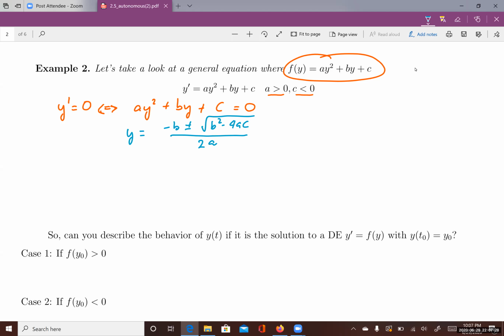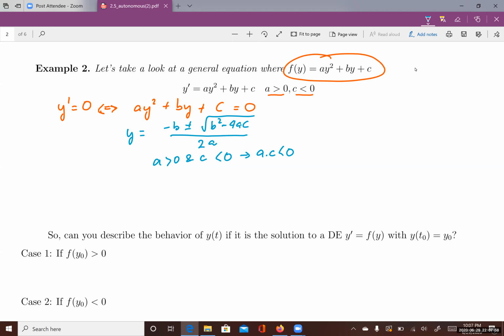Since we know that a is positive and c is negative, a times c will be negative. If a times c is negative, then negative 4 times a times c will be positive. That means this equation has two real solutions.